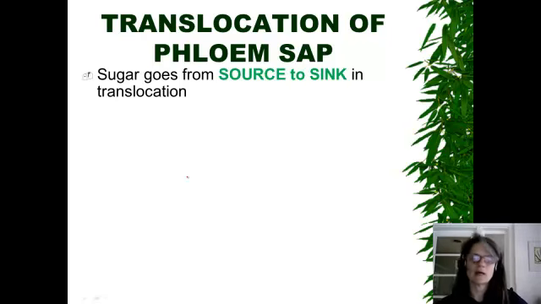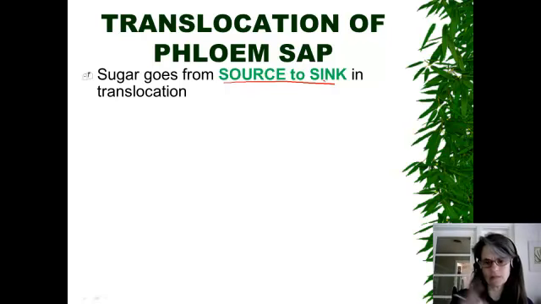This is the concept you need to get in mind: source to sink. The source of the sugar is, in our case, the leaves, and we're going to think of that sugar being transported down to the roots for storage. Understand that the source may not always be a leaf. It could be a photosynthetic part of a stem.